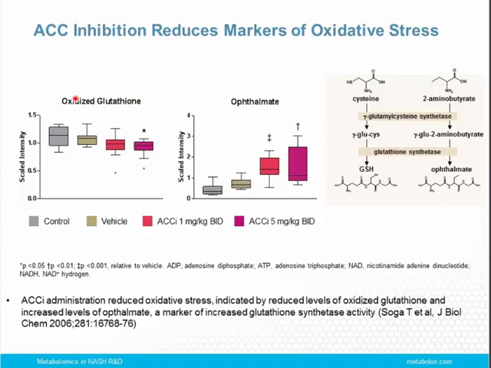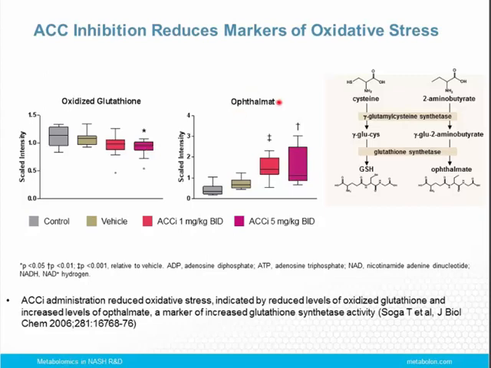And the oxidized form here, we were able to measure being reduced. The reduced glutathione didn't change in this experiment, but the reduction in oxidized glutathione suggests improved redox status.